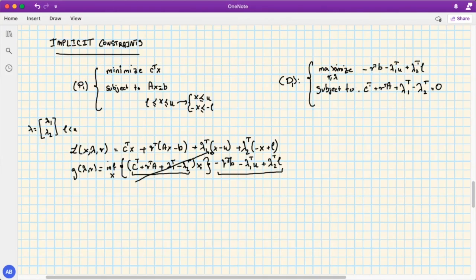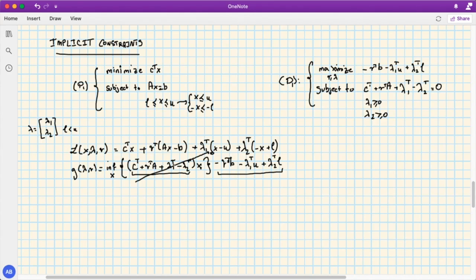And of course, the Lagrangian multipliers associated with the inequality constraints should be constrained to be positive. That is, lambda 1 is positive and lambda 2 is positive. So, for this problem where I did not do any transformations or introduce any variables, this is the dual.